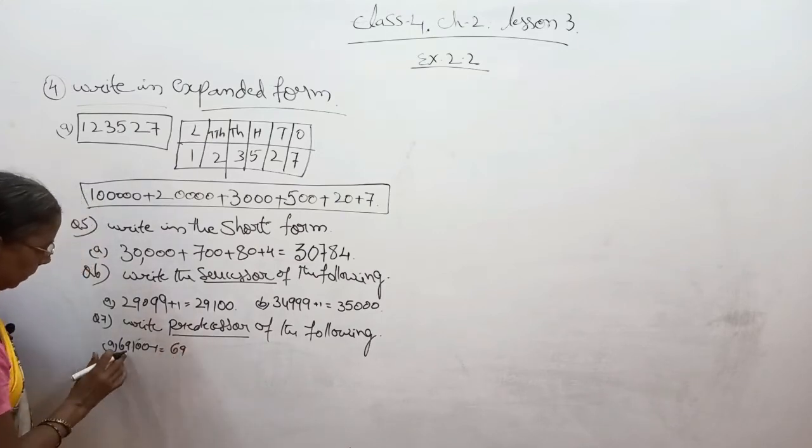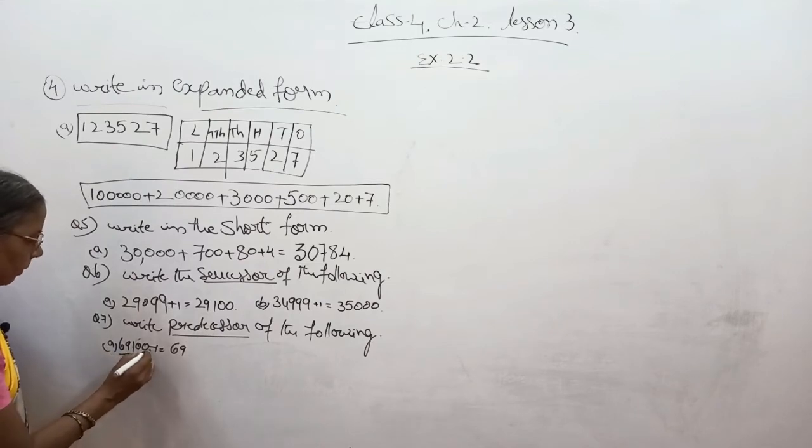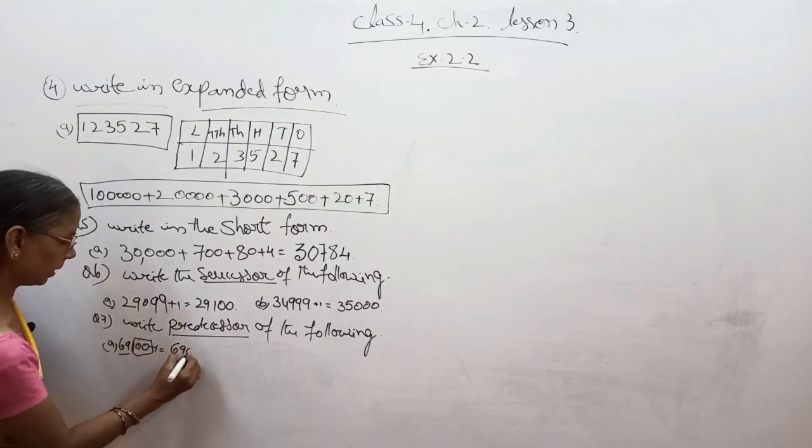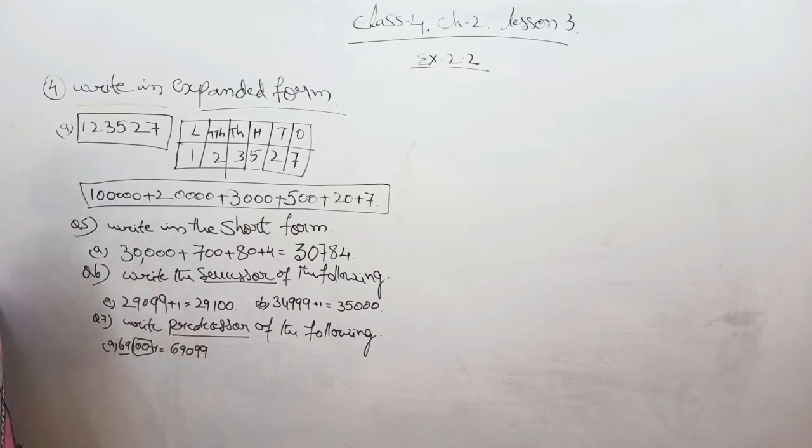The number will change in this place. That is 69,000. 100 minus 1 is 99. Like this we can write 69,099.